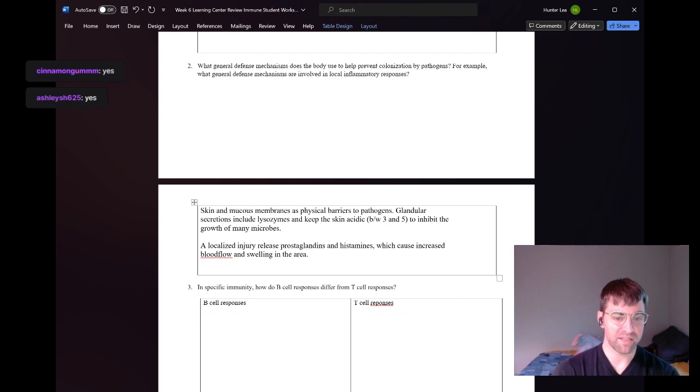The clotting mechanism also helps prevent invasion by additional pathogens. So it's not just about stopping the loss of blood, which is energetically expensive to produce, right? It is also creating a fibrous wall, basically, to prevent pathogen entry.